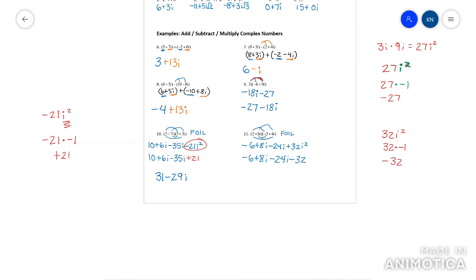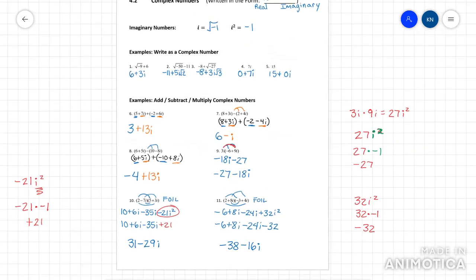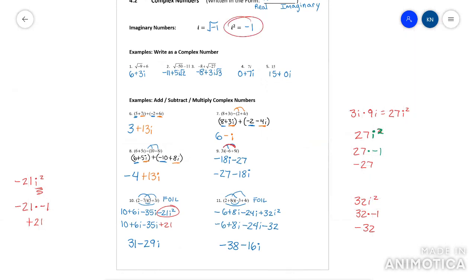Now just combine like terms. So I'm going to combine the -6 and the -32 first. That makes -38. And then I've got the 8i minus 24i is -16i, like that.